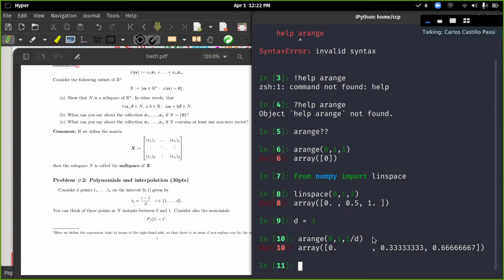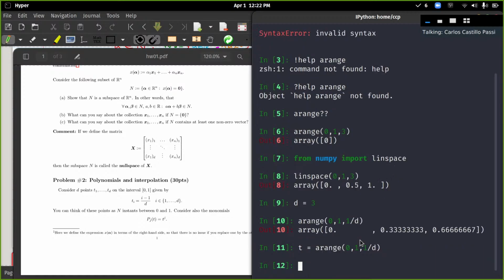There you go, that's what I wanted. So t is arranged from 0 to 1 with the step 1 divided by d. And with that, we define exactly the vector t sub i for all the i's.